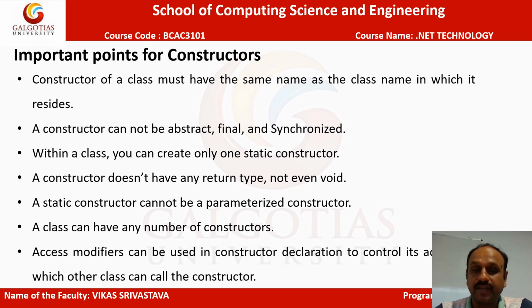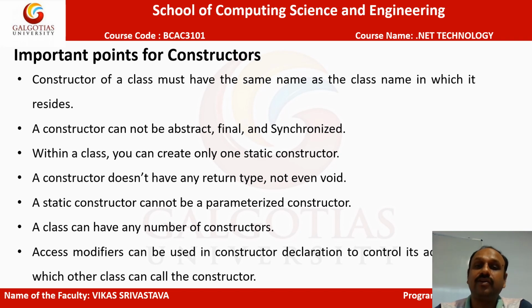A class can have only one static constructor. It does not have any return type because it is used to initialize the values of the member variables of a class. That's why it does not have a return, because it is not treated as a method.